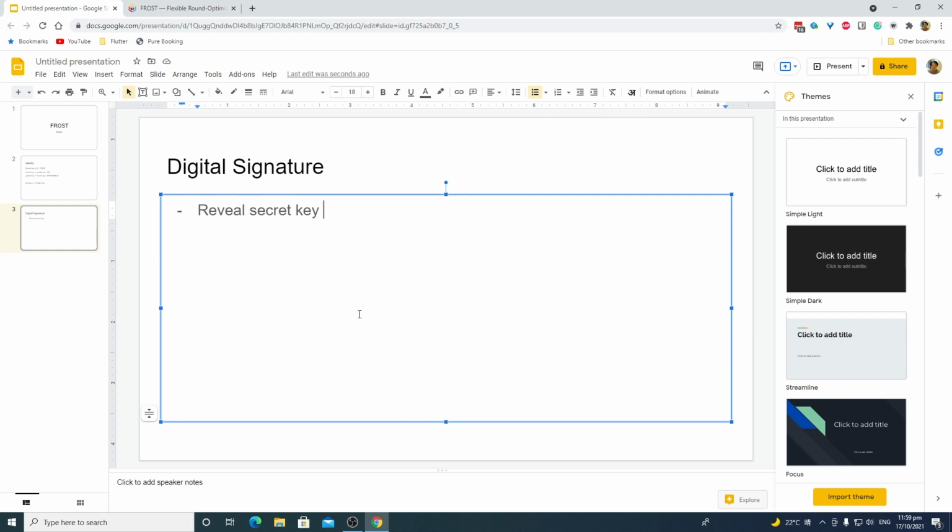But that will only work one time, because once you reveal it, the person who checked your identity now has your secret key, and nothing prevents him from impersonating you by showing the secret key to the next person, and so on and so forth.